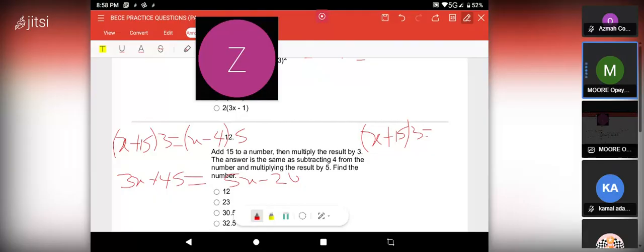If 5x comes here, it becomes minus 3x minus 5x. We have minus 2x is equals to minus 20 at the right hand side, then minus 45. 45 is coming again, it will become minus 45. Minus 20 minus 45 will give us what?